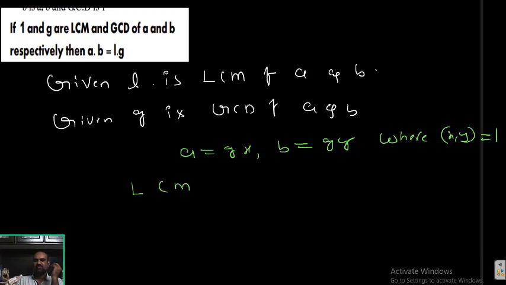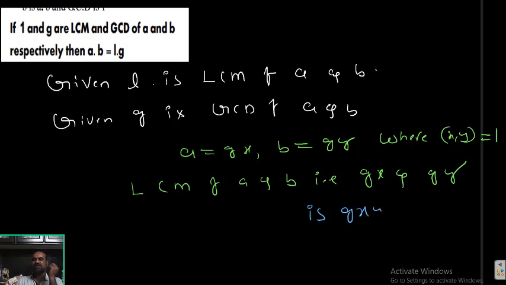LCM of A and B, that is GX and GY, is GXY. Total LCM of GX comma GY is GXY.